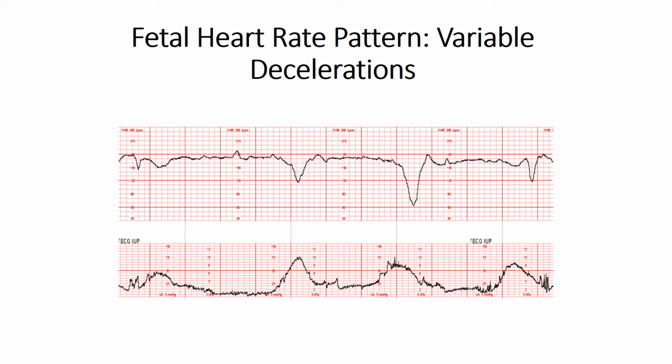In your text in box 15-4, you'll notice some interventions. So we want to change our maternal position, go side to side, or flip the mom over and put her in knee chest position. We may want to discontinue oxytocin if it's infusing. We might administer 8 to 10 liters of oxygen via a non-rebreather mask. We want to notify the physician or midwife.